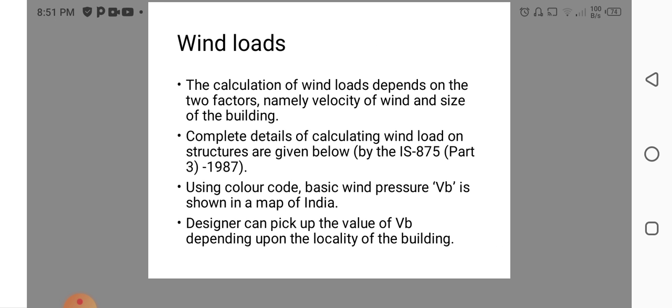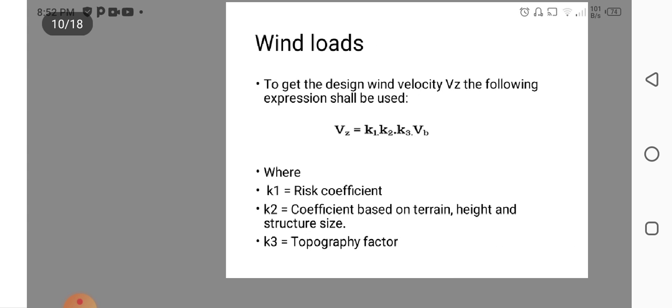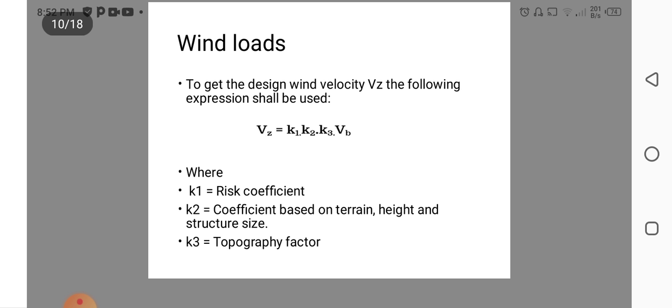Here in IS 875 part 3 we have the basic wind speed Vb, which is taken from the map of India, and this Vb is used to calculate the design wind velocity Vz.